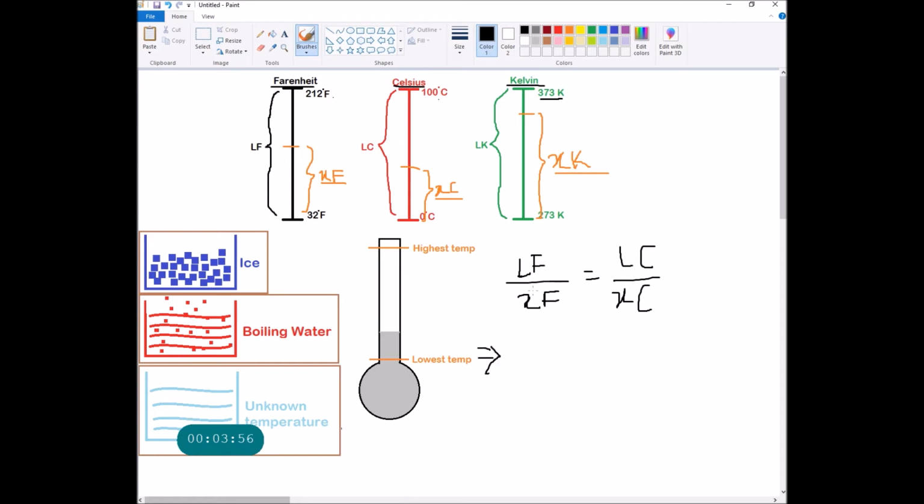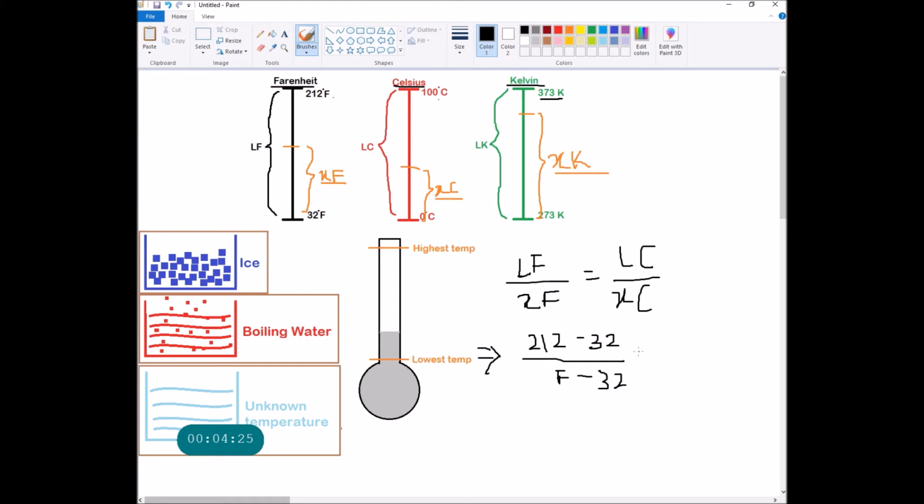On the Fahrenheit scale, the highest temperature is 212 and the lowest temperature is 32. And for the X reading, let's call it F in this numerical, we get F minus 32, that is the temperature that we got minus the lowest temperature.